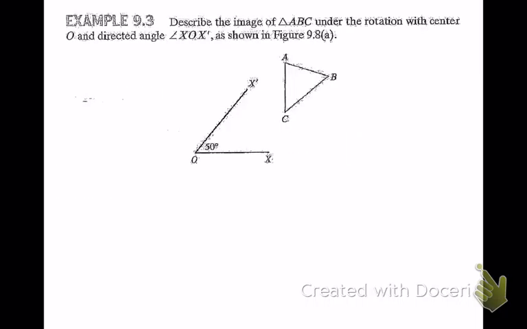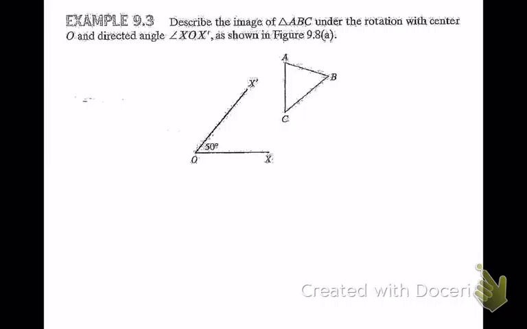Describe the image of A, B, C under the rotation with center O and directed angle XOX prime as shown in the figure. Alright, so this is how you do this. You're going to have to use your protractor.